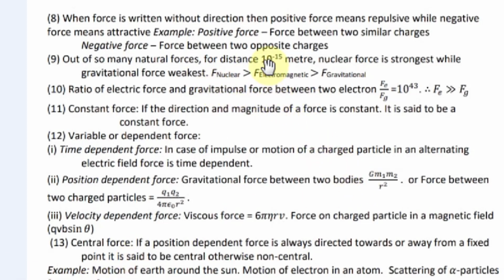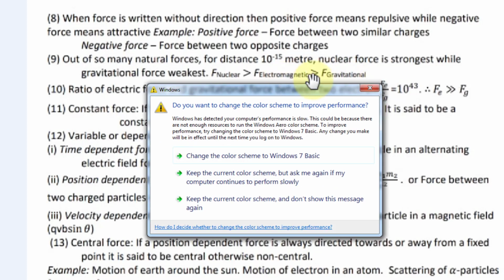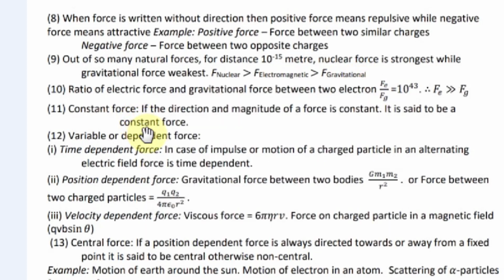Nuclear force is strongest and gravitational force is weakest. And in the middle what lies? Electromagnetic force.